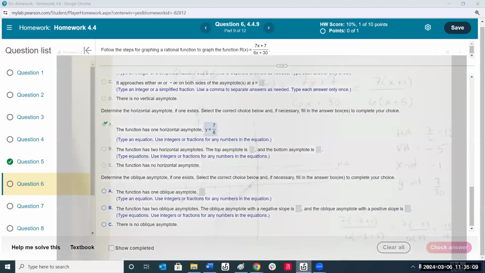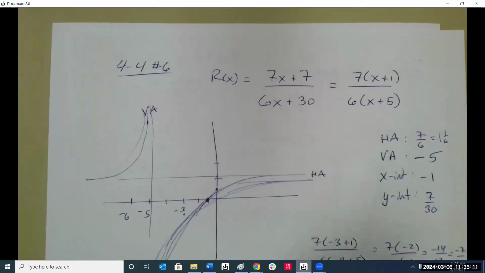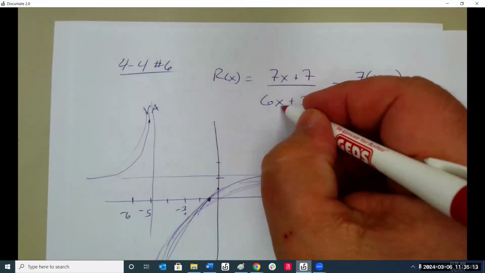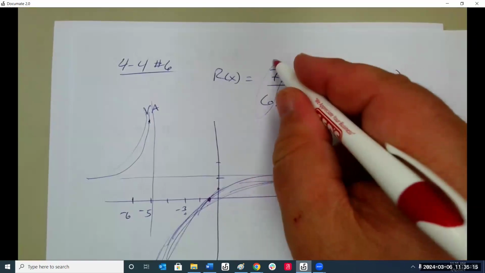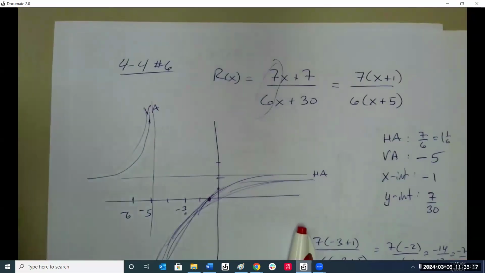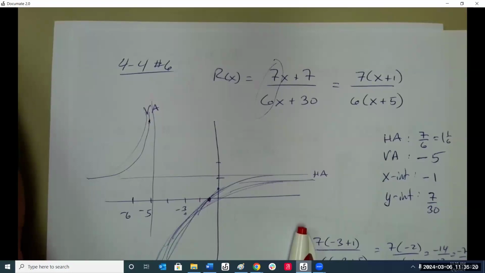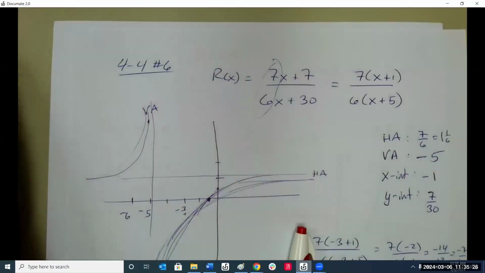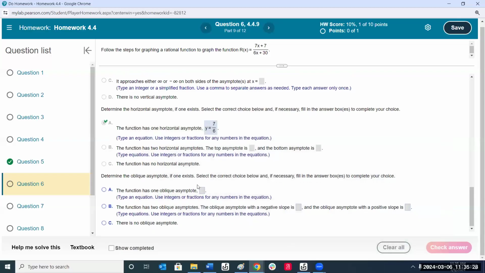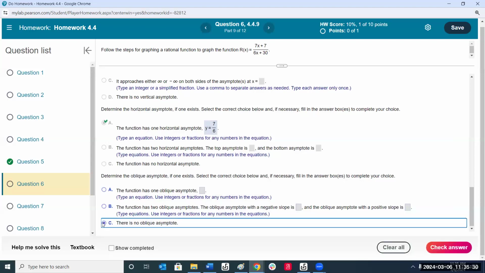Why was it 7/6? Because the x's are the same degree, the horizontal asymptote is simply the ratio of the coefficients. Yeah, I maybe had it there, 7/6. There is no oblique asymptote.